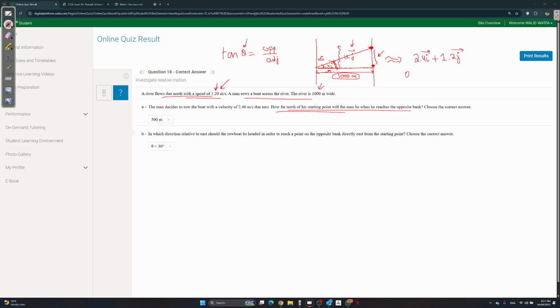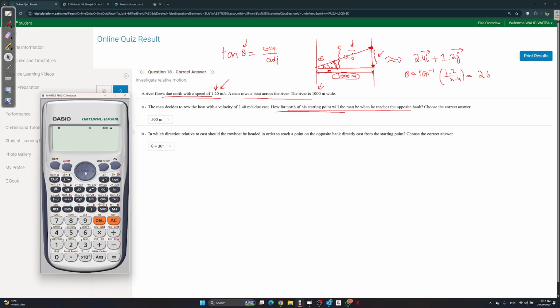Can't I just do theta equals tan inverse of 1.2 divided by 2.4, which is 26.5, 26.6? Yeah. So that means tan 26.6 is equal to the opposite, which is the height, north, over 1,000. So tan 26.6 times 1,000 is 500.